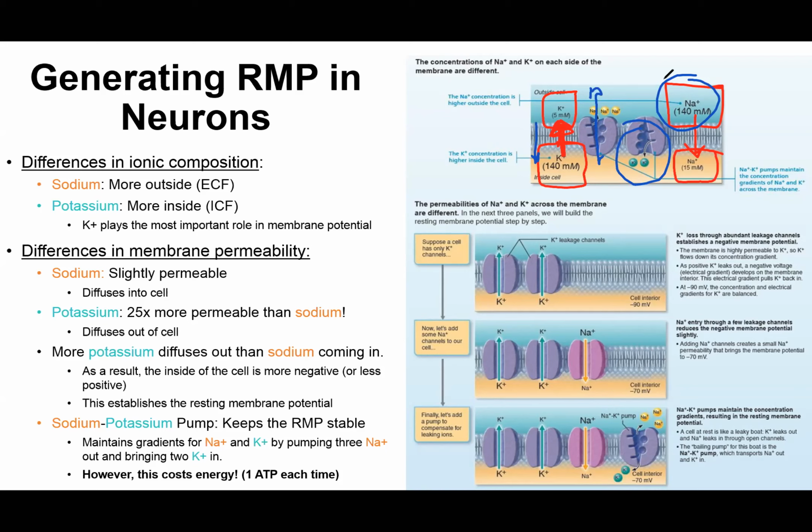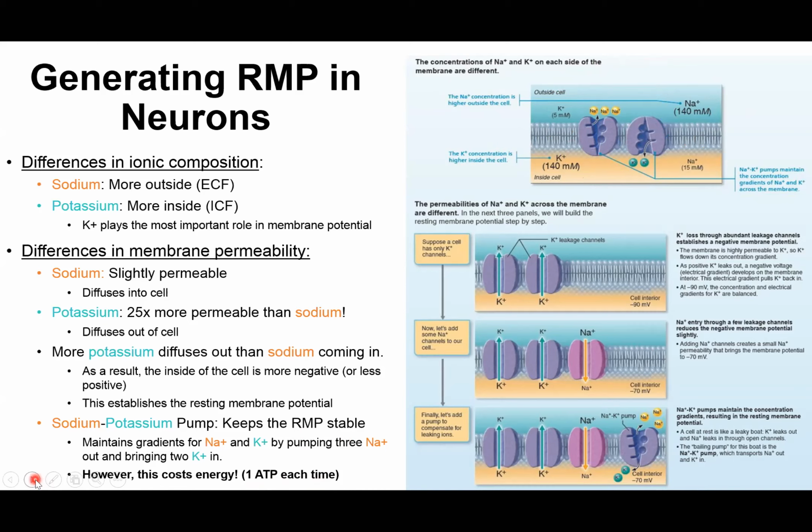In order to move things against their concentration gradients, this costs energy. In the case of the sodium potassium pump, it costs 1 ATP molecule every single time that we pump in 2 potassiums and pump out 3 sodiums using this pump. So just bear in mind that keeping this resting membrane potential does have a cost, and that cost is energy.